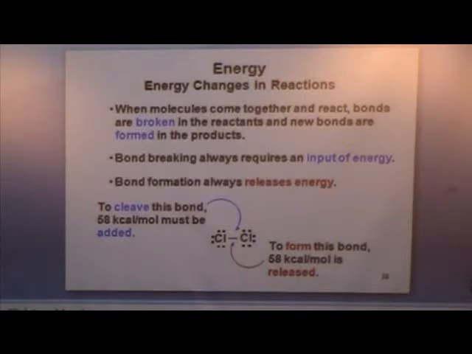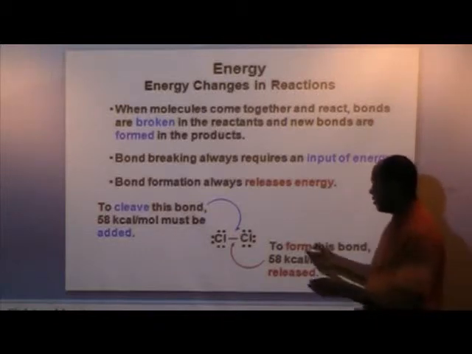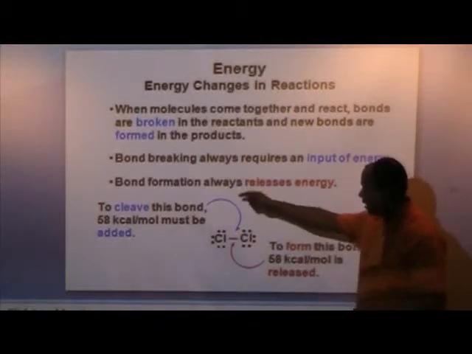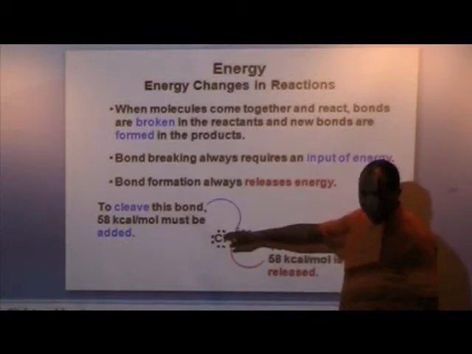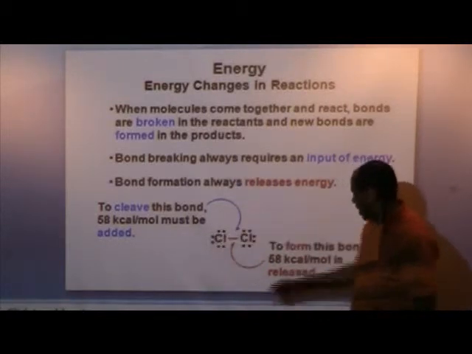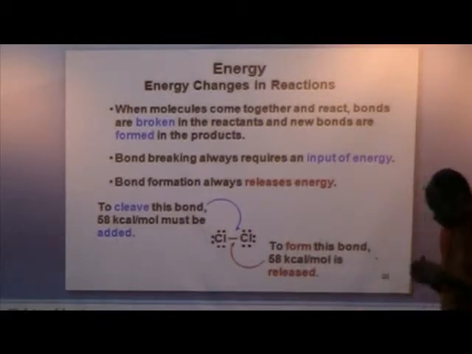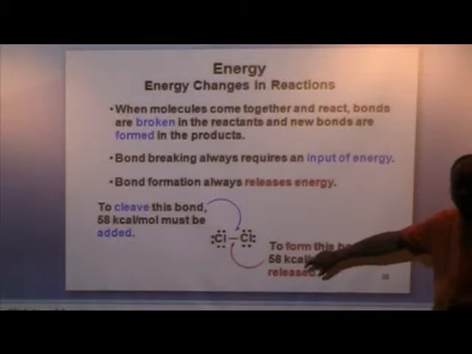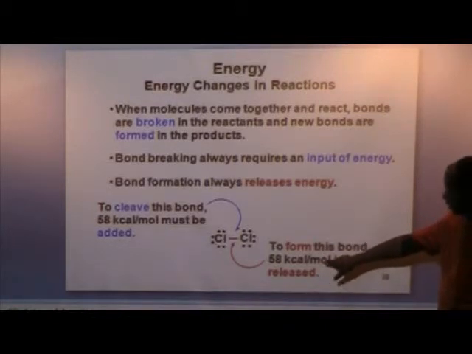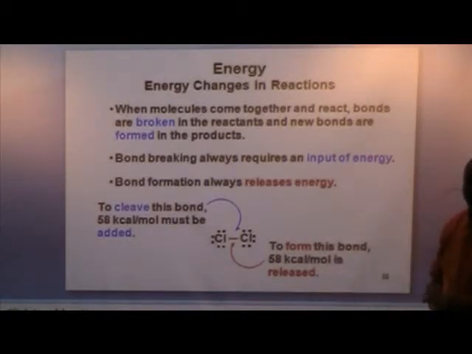This is an experimentally determined value. If you want to break this up, you must have this much energy. If you want to bring this together, formation of a bond is an exothermic process, so 58 kilocalories per mole of energy is released.